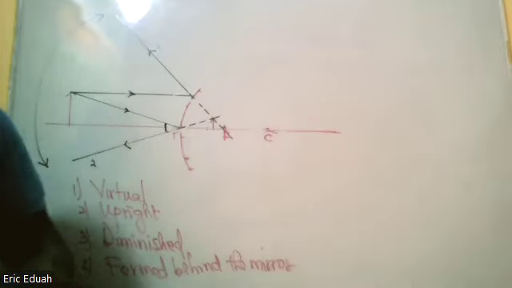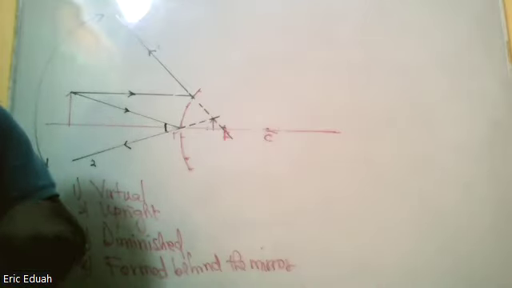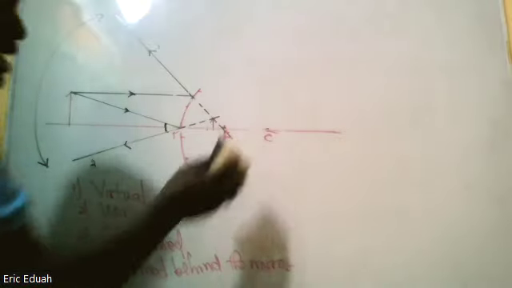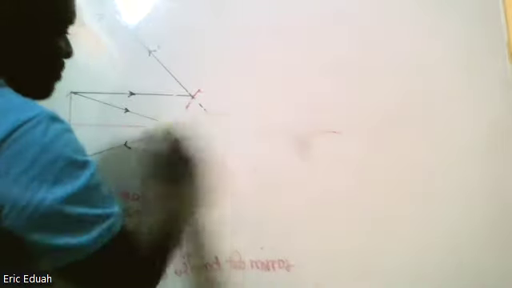All right. Okay, so let's look at the mirror formula. There is another way of describing the nature of the image formed, but this time using a formula or mathematical relation, and that is the mirror formula.